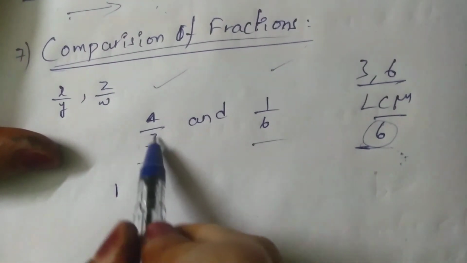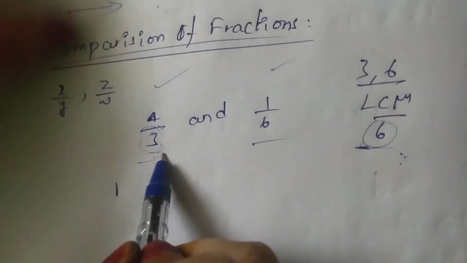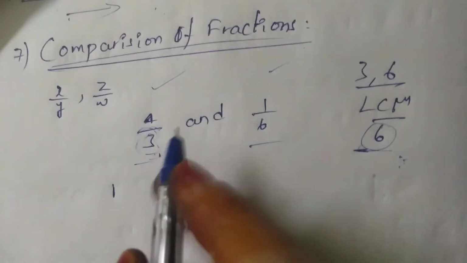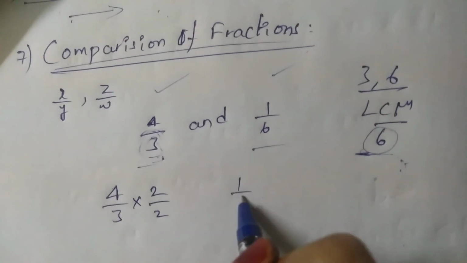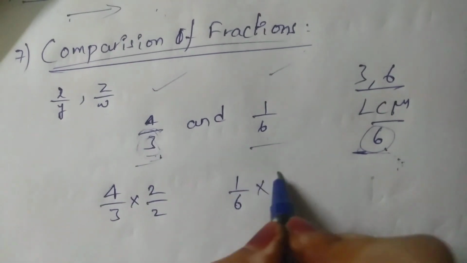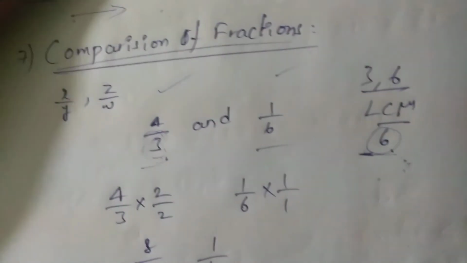We already have 3 as the denominator, so we multiply 4 by 3 into 2 by 2, and 1 by 6 into 1 by 1, so we get 8 by 6, and this is 1 by 6.